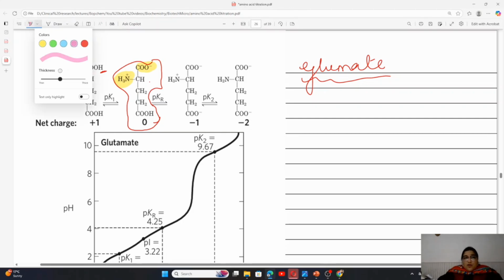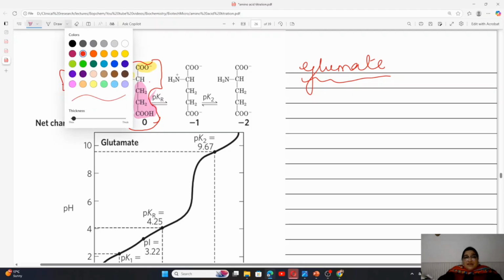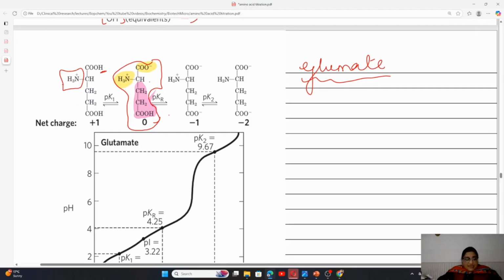Since the R group of the amino acid, where is the R group here? Here is the R group. Since the R group of the amino acid is still protonated, when we further increase the pH, what will happen?